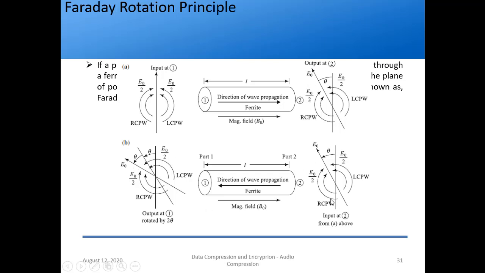Okay, so in the same way, if I give the input from here, it is already rotated by an angle theta. So what is happening here? It is getting further rotated by an angle theta. Means what you are seeing here is that you give the input from whichever side, if the magnetic field is constant, it gets rotated in the same direction irrespective of the input side, right?